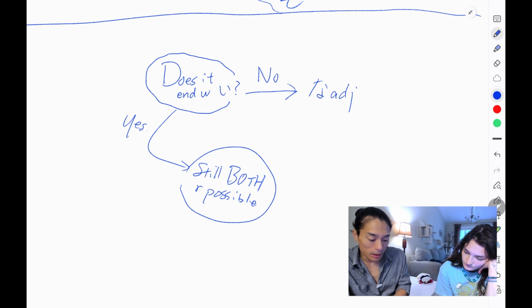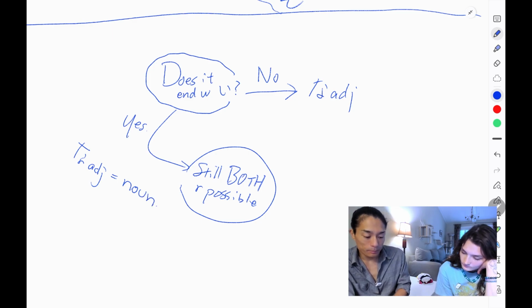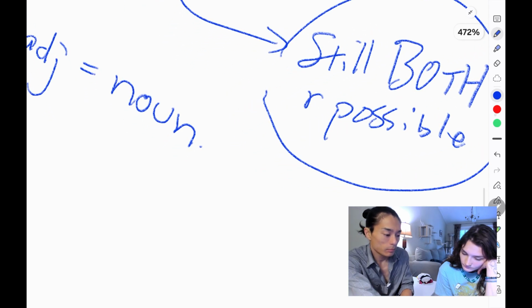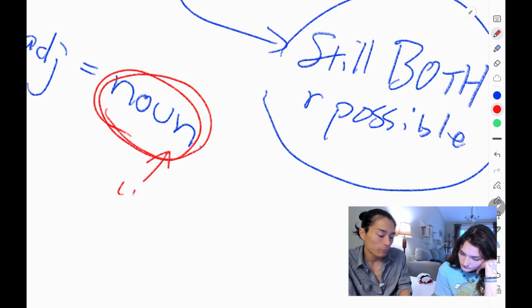Why is it possible? Well, like I said, na-adjective is a noun, right? Hybrid. So there will naturally be some adjectives, which are nouns, that happen to end with e. For example, your name is Izzy, right?